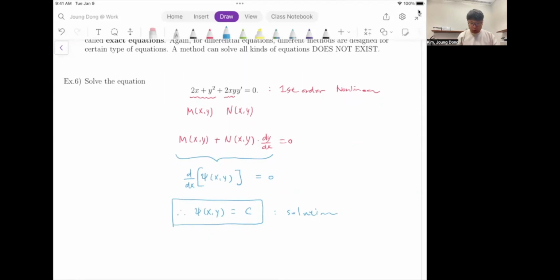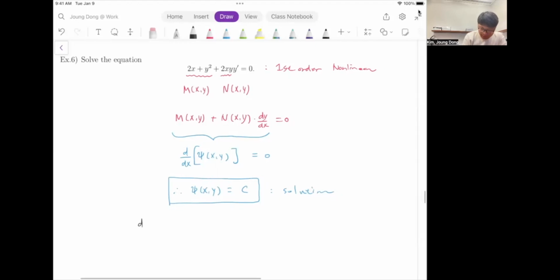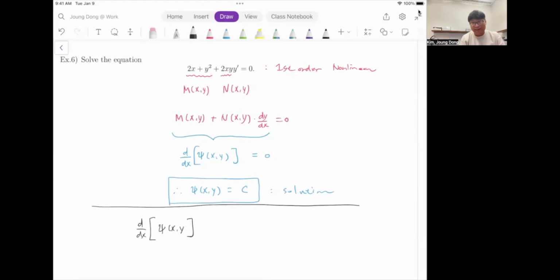Do you remember partial derivative, by the way? Let me show it to you. So here we go. What is the partial derivative of psi? Even though we do not know psi yet, let's assume there is one. This is kind of a review of your Calculus 3.